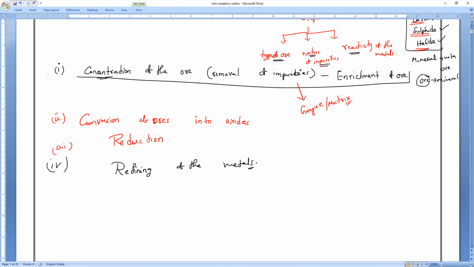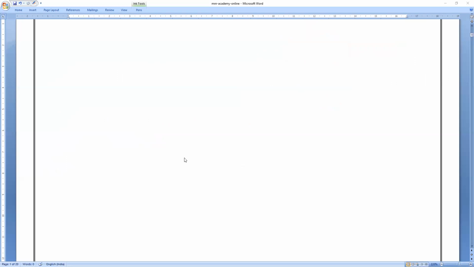So these are the 4 metallurgical steps involved in the extraction of metals, to get the pure metal from the impure ores. That is what you have to remember.